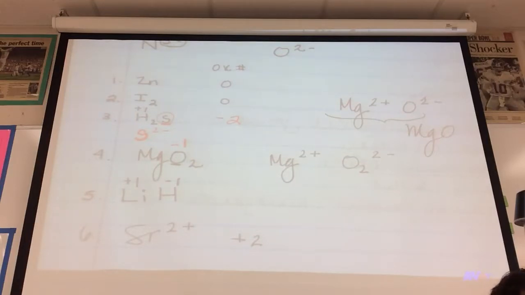And now what we're going to do is determine the oxidation number of each element in the following compounds. Here's the key rule to get it going. It says the algebraic sum of the oxidation numbers for all atoms in a compound, taking into account how many of each you have, is 0.